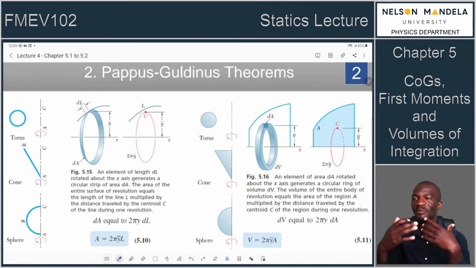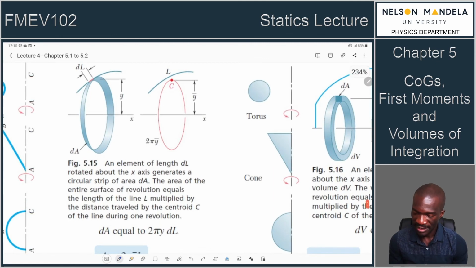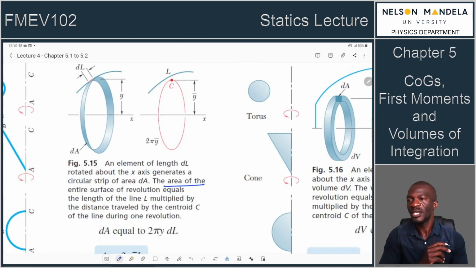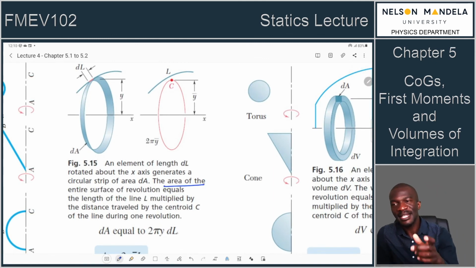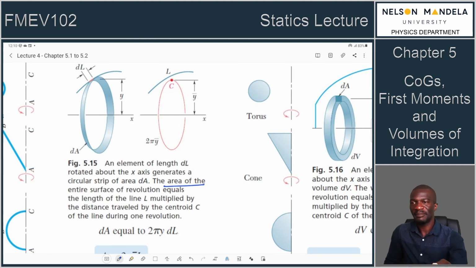So from that concept, Pappus-Guldinus came up with a simple definition of the surface area. So the theorem states the following. The area of the entire surface of revolution that is generated by some length element is simply equal to the line L multiplied by the distance traveled by the centroid C in one revolution.